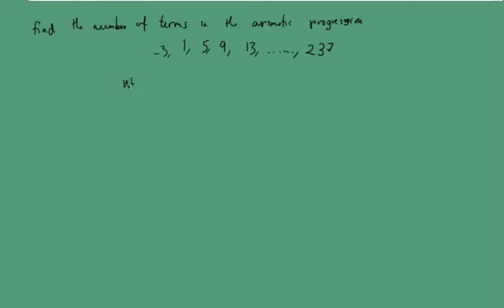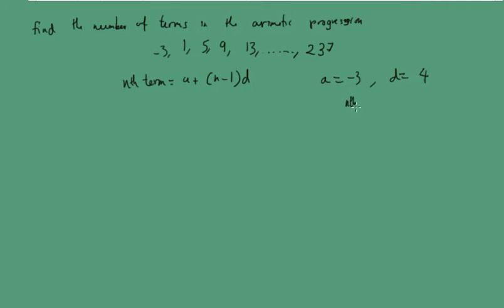So the nth term, let's look at the general formula, is A plus (n minus 1) D.